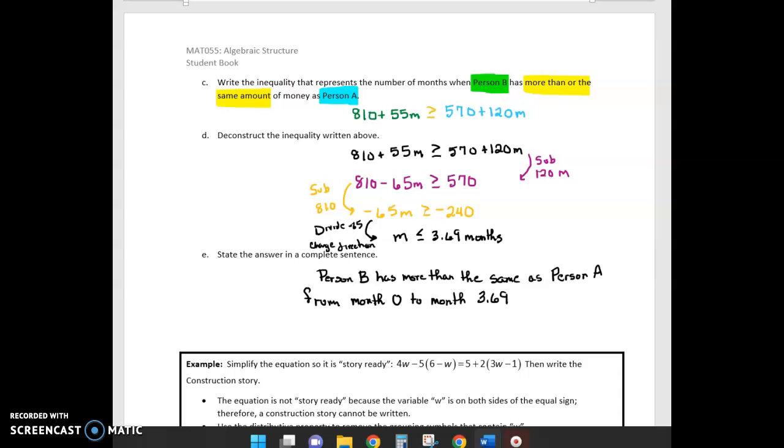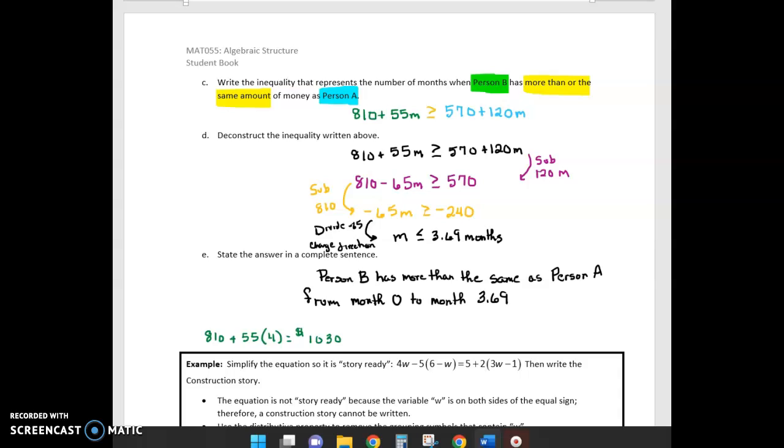So person B's account was 810 plus 55 times 4. When we put that in the calculator, we end up with $1,030.